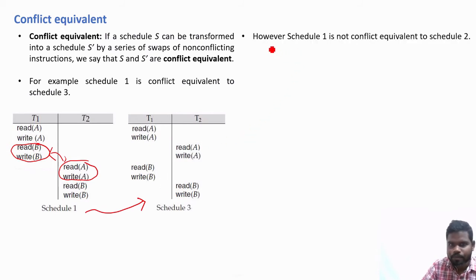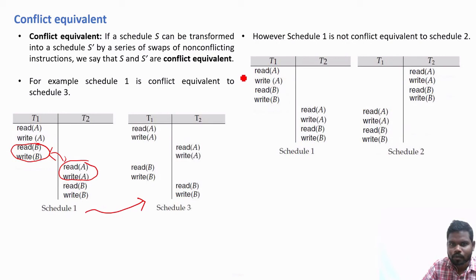Now we have taken another example where schedule 1 is not conflict equivalent to schedule 2. This is schedule 1 and schedule 2. Can you transform schedule 1 to schedule 2 by a series of swaps of non-conflicting instructions?